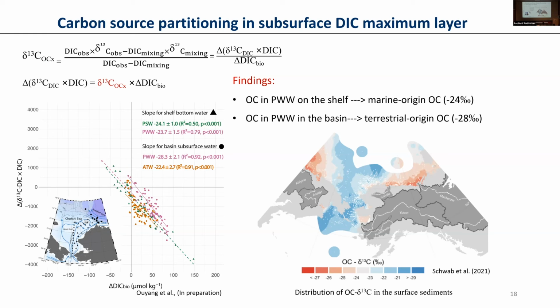But this signal changes to be more depleted, more negative, in the basin when this water transitions from the shelf to the basin. This is very surprising to me because when I check the sediment record of the POC delta carbon 13, we cannot find such a negative value from the Chukchi shelf. It's more like from the Beaufort Sea.